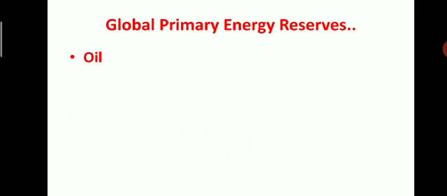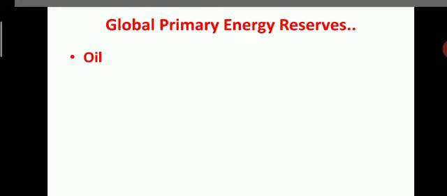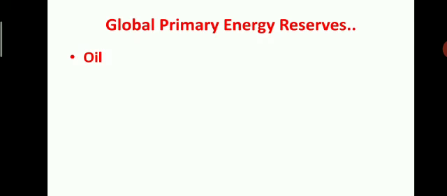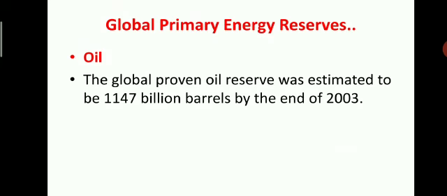Next is oil. The global proven oil reserves were estimated to be 1147 billion barrels by the end of 2003. Again, I am giving you the figures of 2003. Presently, I do not have the recent figures for the year 2020.